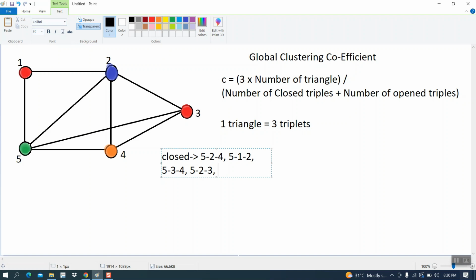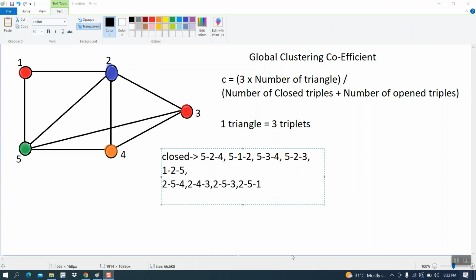And then 1, 2, 5. Then from vertex 2 we have 2, 5, 4. Then 2, 4, 3. 2, 5, 3. 2, 5, 1.